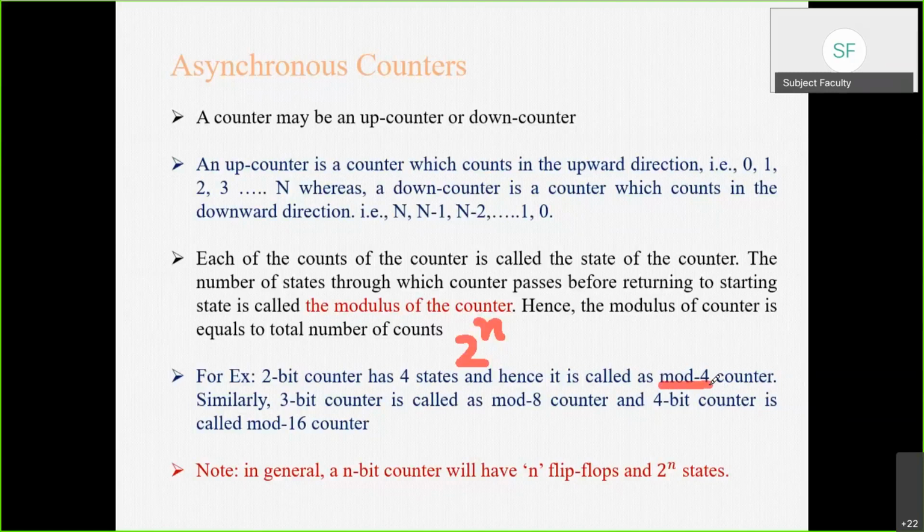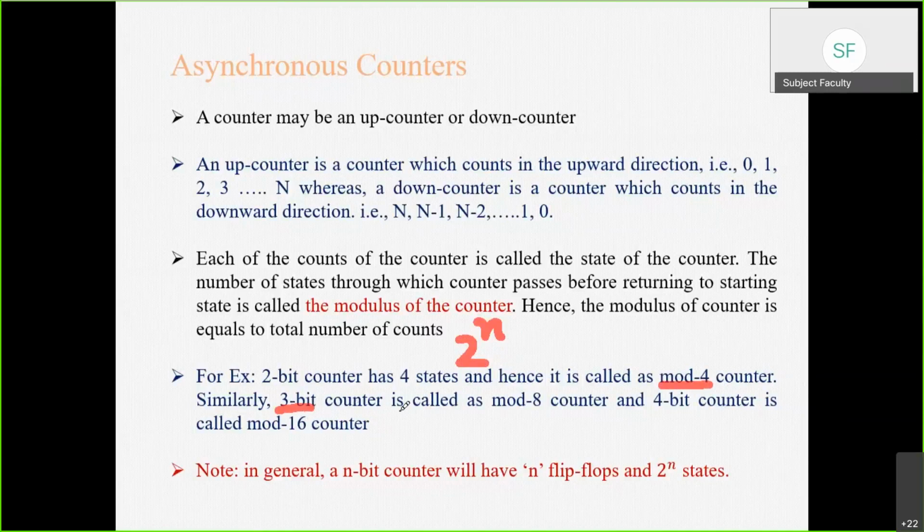Okay. Similarly, a 3-bit counter is called a mod 8 counter. Why? Because how many total states will be there? For a 3-bit counter, 2 raised to power n. Here n equals 3. So total possible states will be 2 raised to 3, that is 8.